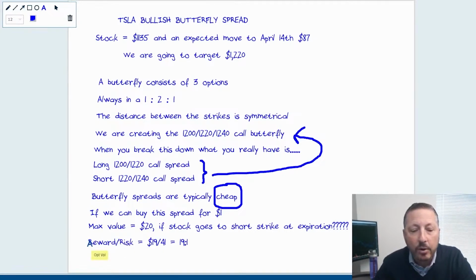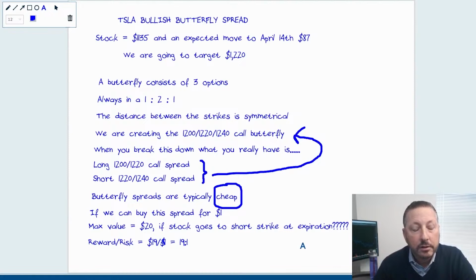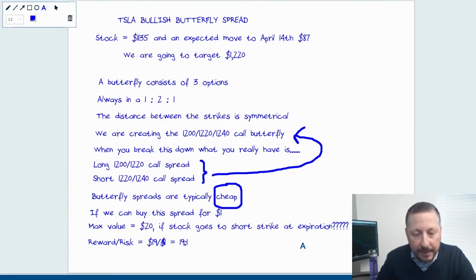Does everybody see how that is 19 to 1? Because if it is worth $20 at expiration, we can make 19. All we can ever lose here is the investment we put into this of $1. So even if the stock were to go to 0 or to 10,000, all we could lose is $1. And likewise, regardless of where the stock goes, this can never be worth more than $20.